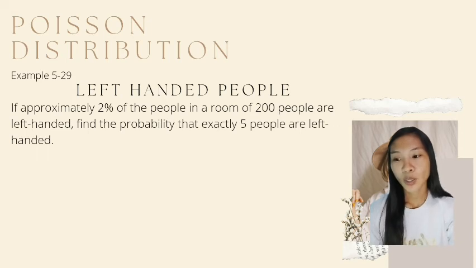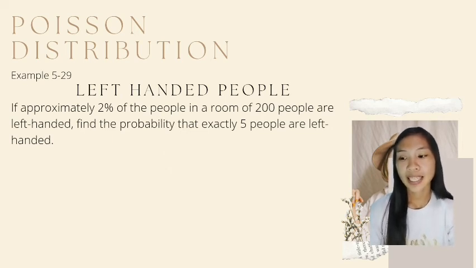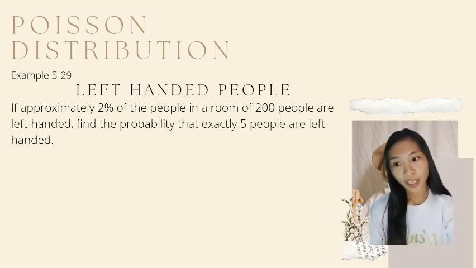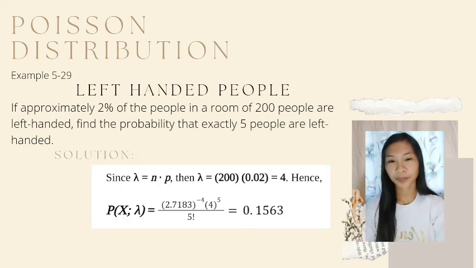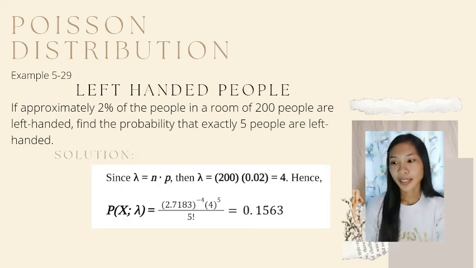If approximately 2% of the people in a room of 200 people are left-handed, find the probability that exactly 5 people there are left-handed. To solve this one, since lambda is equal to n times p, then lambda is equal to 200 times 0.02, which is equal to 4.